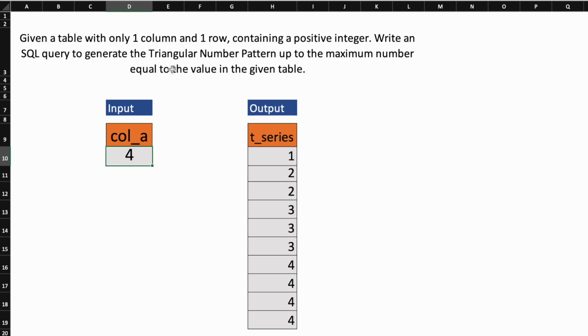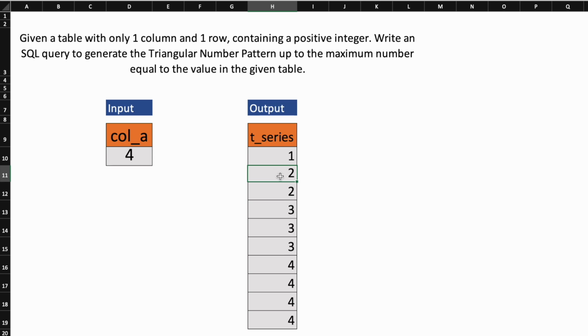If you don't know what a triangular number pattern is, it starts with the number 1, and each subsequent number is the next natural number repeated as many times as its value. For example, the next number after 1 would be 2, and 2 would be repeated 2 times.